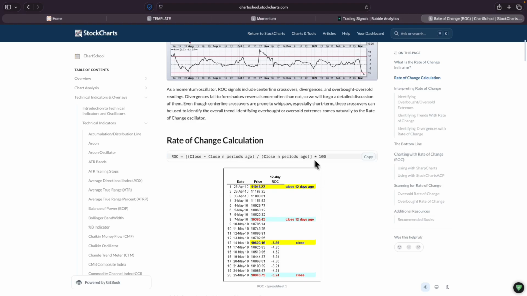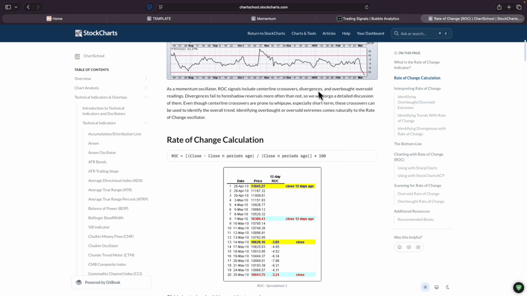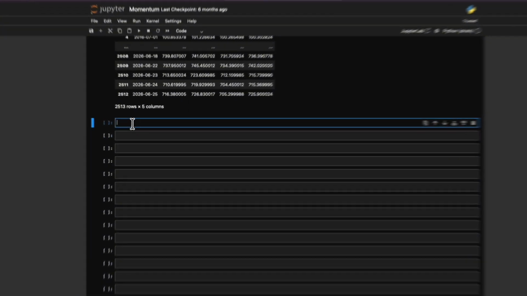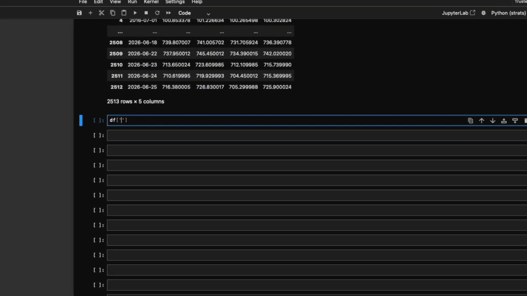And the formula to do it is here, but actually, we can improve upon that a little bit. So they have the close today minus the close n periods ago, 12 in their indicator calculation here, divided by the close n periods ago and then times 100. But we can do that a little bit easier. So what I'm going to do is create a new column within DF called momentum.